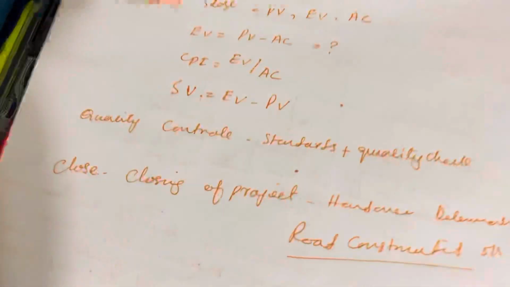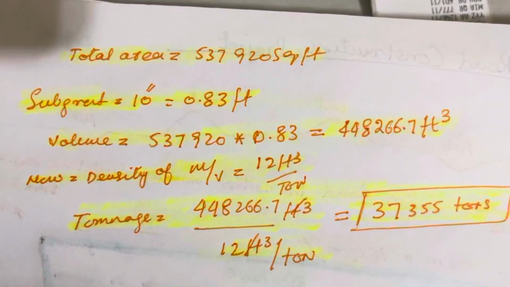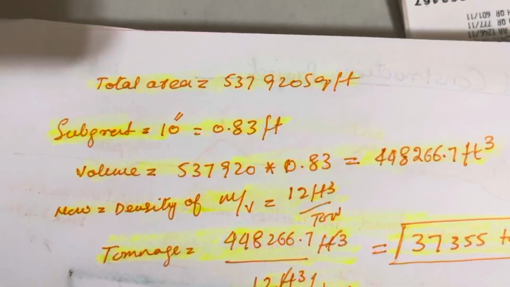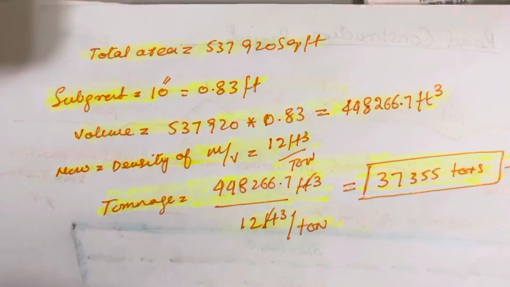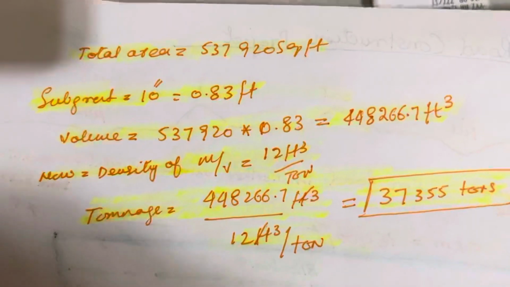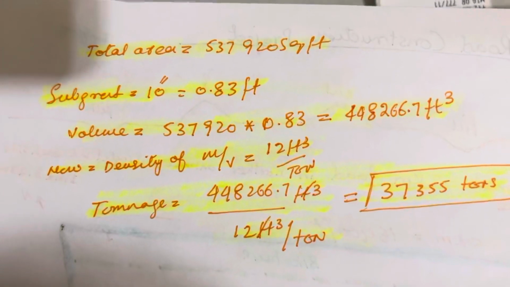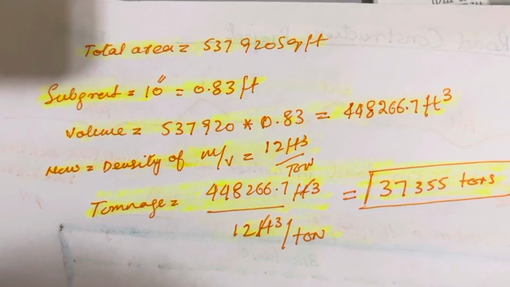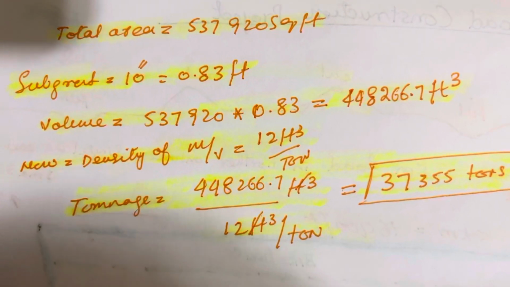Here is another thing: sometimes as an engineer or as a project manager, you want to calculate how much the cost will be. Let's say the total area is 16,400, as in the last video, multiplied by 32.8 for the width, like 5 kilometers multiplied by 10 meters, or 6,400 feet multiplied by 32.8 feet, will give you the area 537,920 square feet.